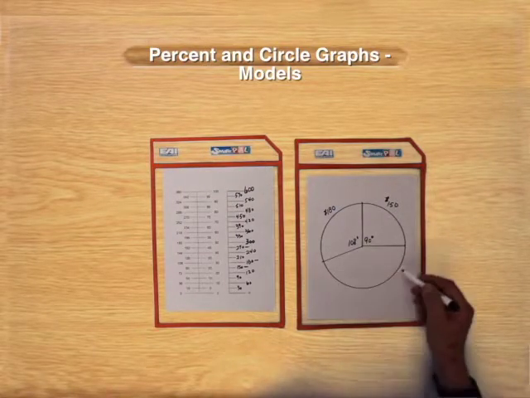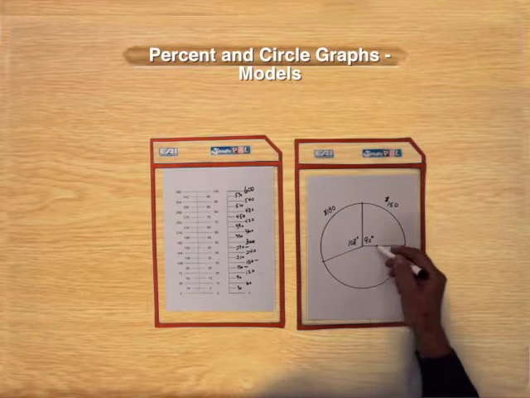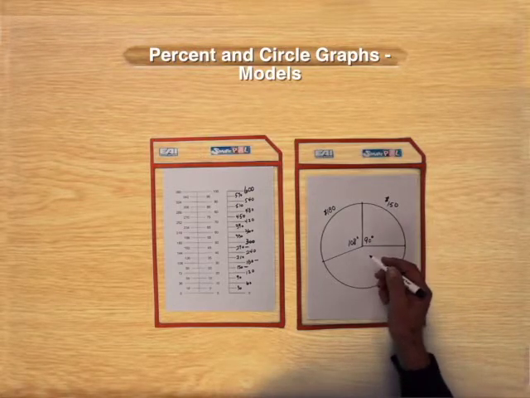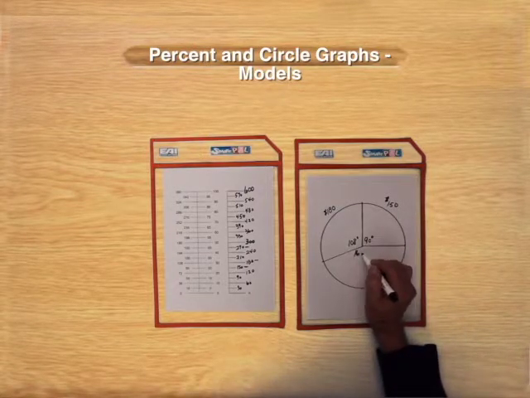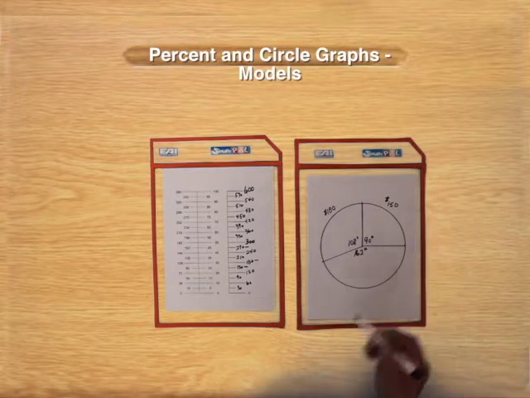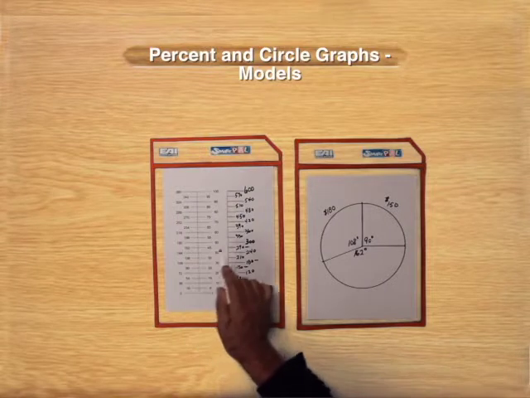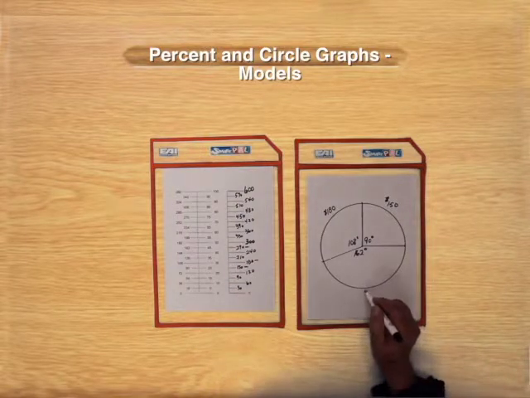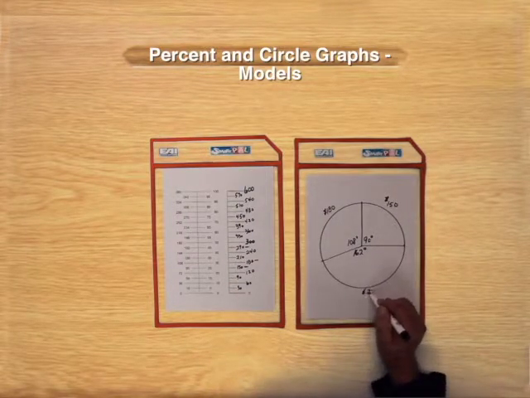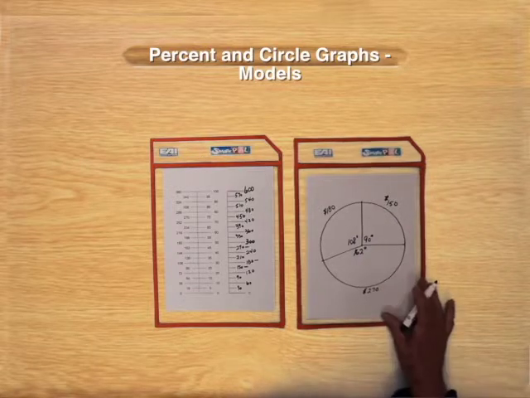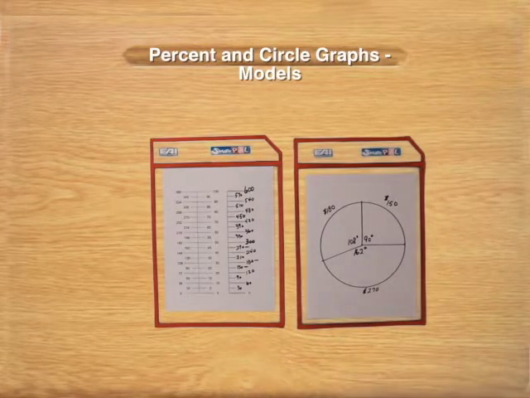So this whole angle right in here is 162 degrees. And 162 degrees represents $270. And there we have our circle graph for our data.